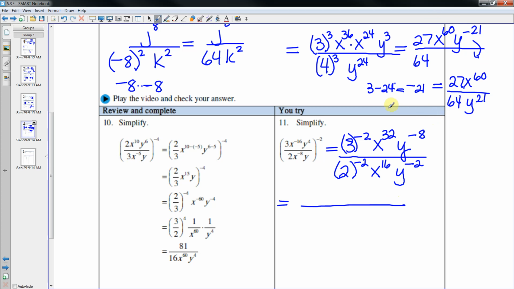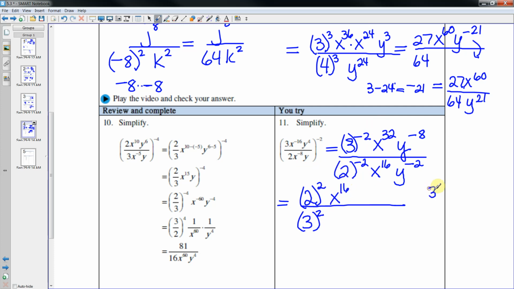So on this one, I'm going to move the numbers, because I can't do anything with these bases. So I'm going to move the numbers and make this a 3 squared and make this one a 2 squared. But this time with my variables, I'm going to go ahead and do the subtraction. 32 minus 16 gives me 16.